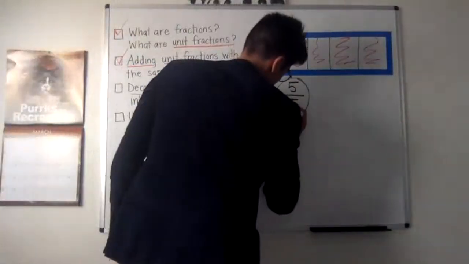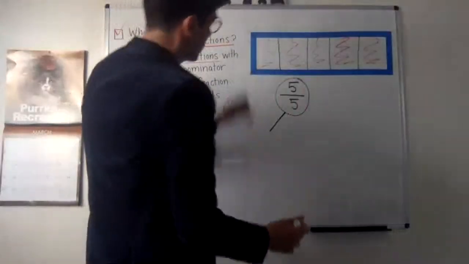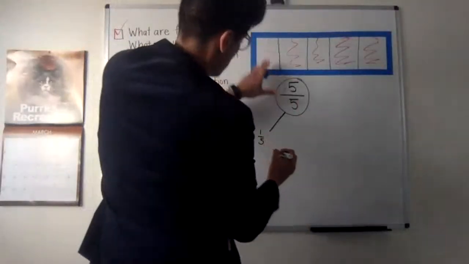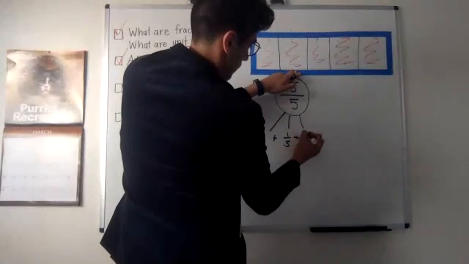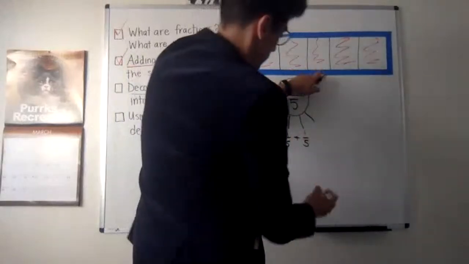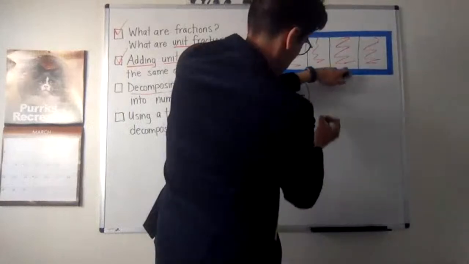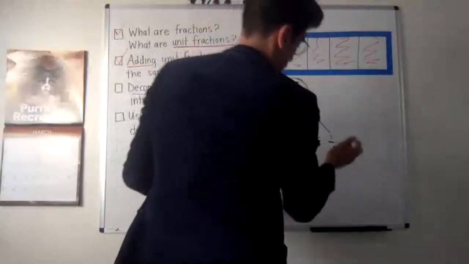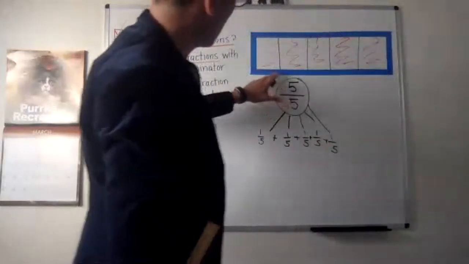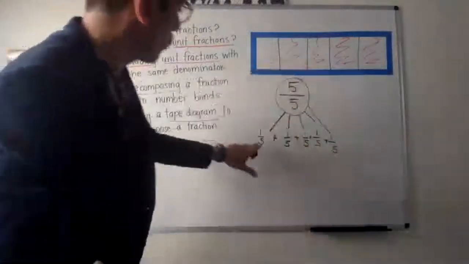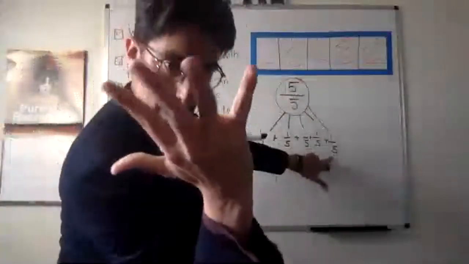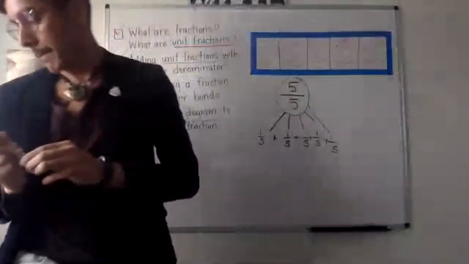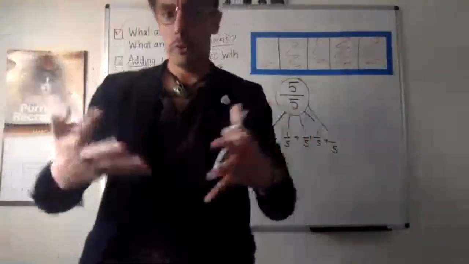So I can break that into 5/5 is the same as 1/5 plus 1/5 plus 1/5 plus 1/5 plus 1/5. 1, 2, 3, 4, 5/5. 5/5 is the same broken into 1/5 plus 1/5 plus 1/5 plus 1/5 plus 1/5 right there.